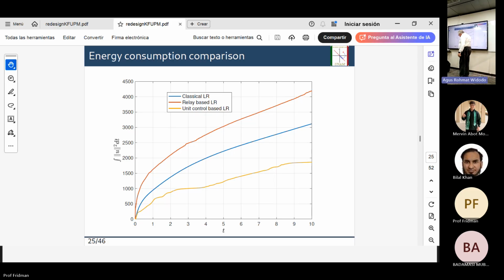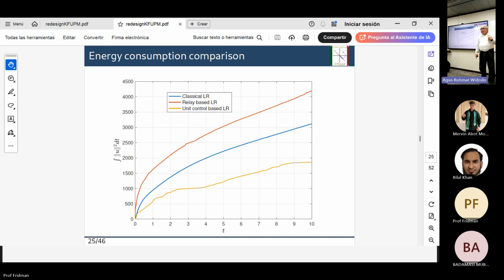Classical unit control uses personal G, but you are not safe for all the channels. If you are dealing with channel individually, nevertheless, you need to use a little bit more energy. But what is the yellow line?